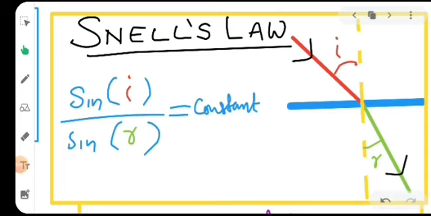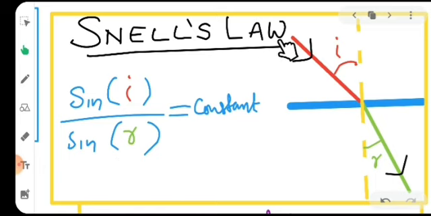We have learned Snell's law in our previous lectures. Snell's law is the basic reason why all this happens. It is the relation between the angle of incidence and the angle of refraction. It's a trigonometric relation, and that is why you have sines involved.